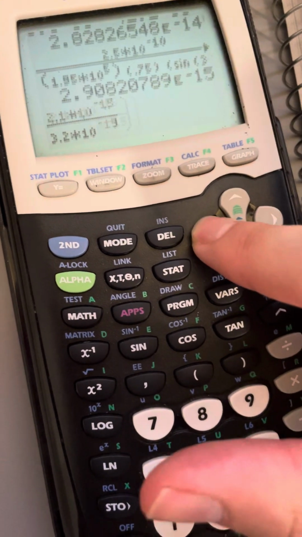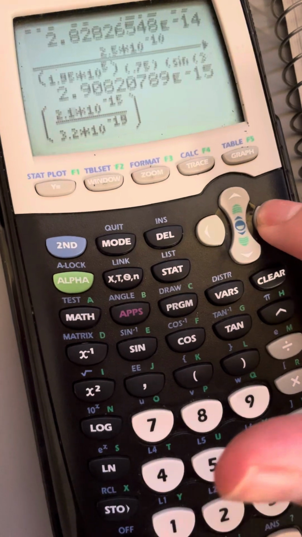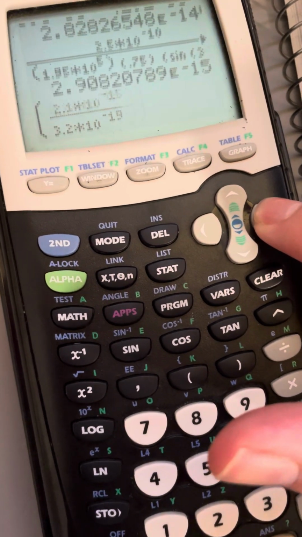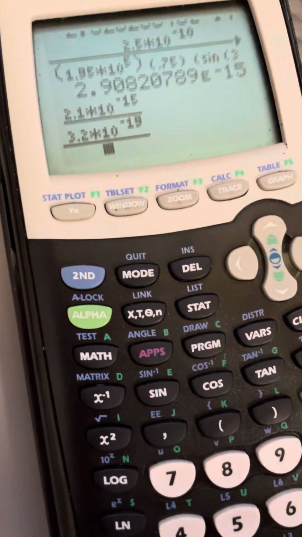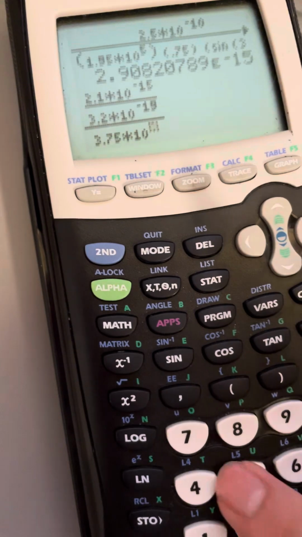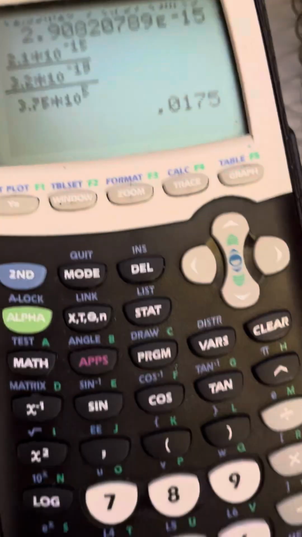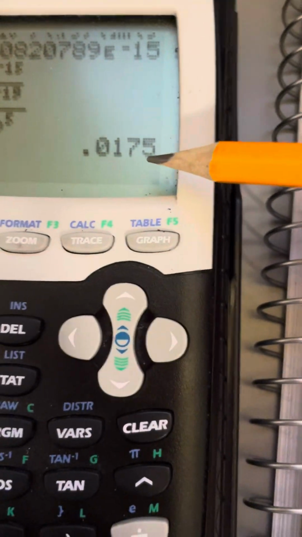This guy in parentheses just to be sure. Divided by, and that gives us 0.0175, or we can just say 1.75 times 10 to the negative second.